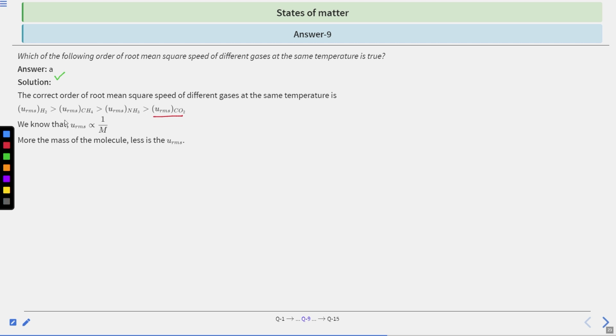We know that the root mean square speed is inversely proportional to the mass. So the more the mass of the molecule, the less will be the root mean square speed of the molecule. Hence, we can get this correct order. Hence, option A is the correct answer.